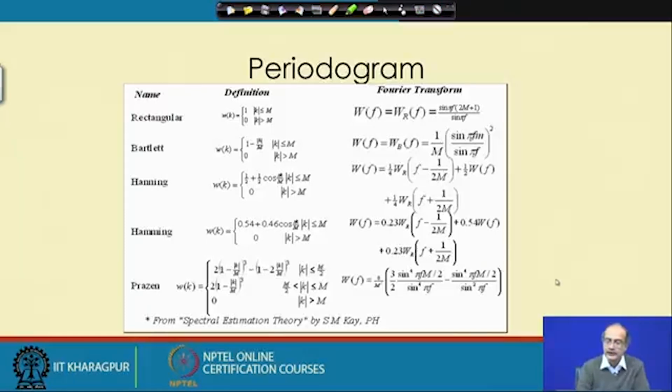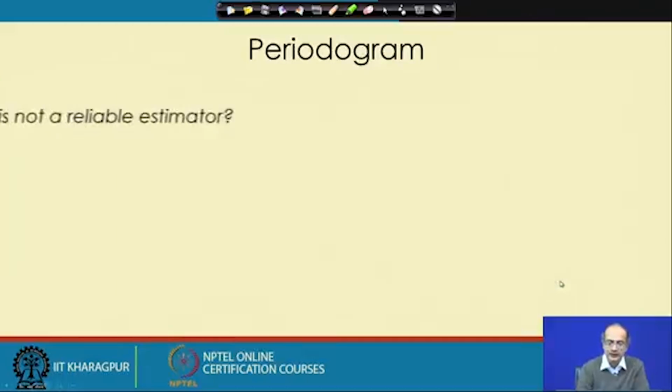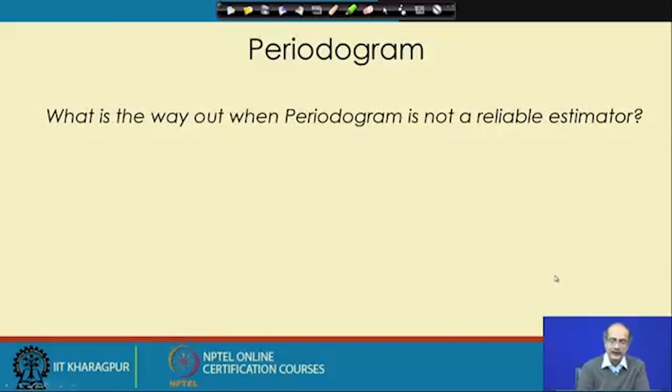Now, let us move forward from here. We get a dilemma. So far we have found that the periodogram makes life easy and we all use it in real life, but we get to know after taking the previous session that it is not a reliable estimator.